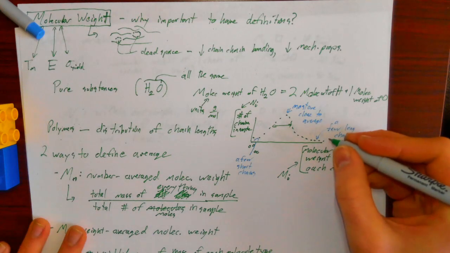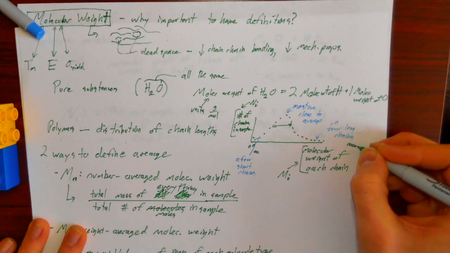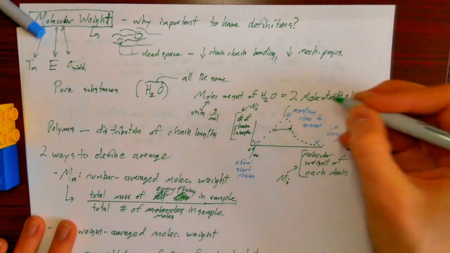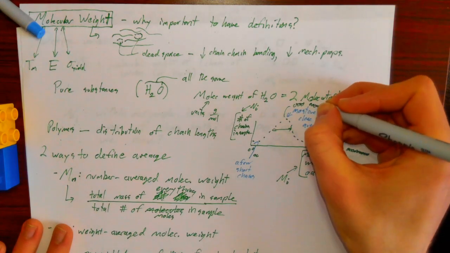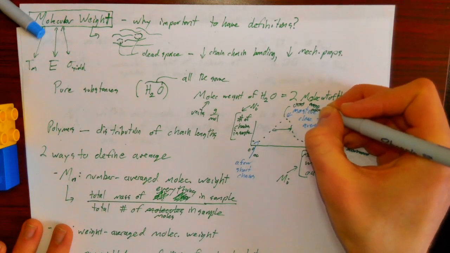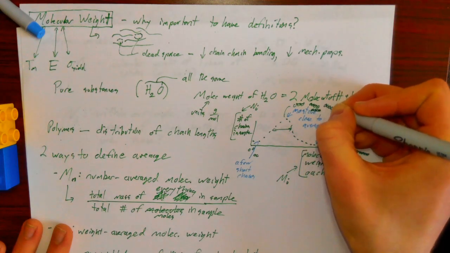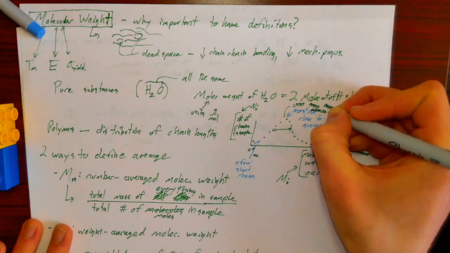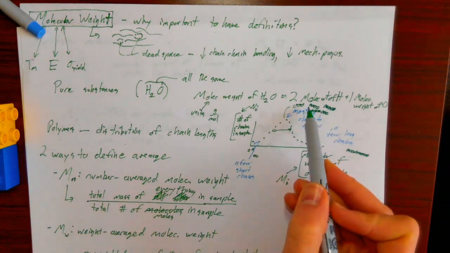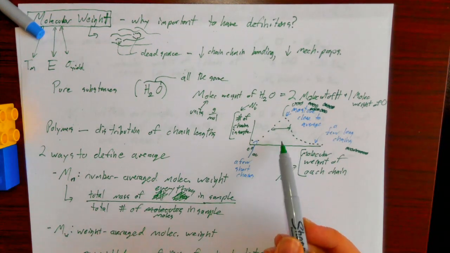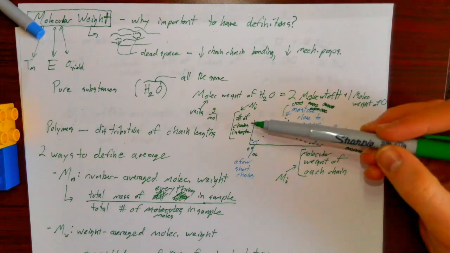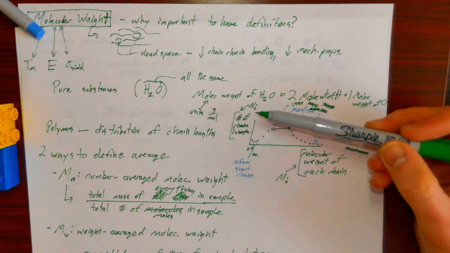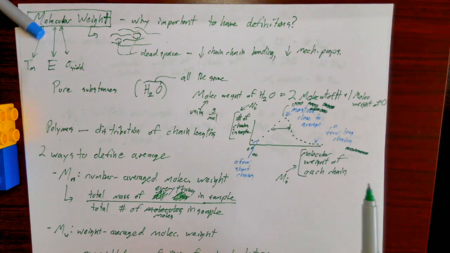There are just a few long chains, and there are lots of medium length chains. Medium length means an M sub I somewhere in the middle. This is low M sub I, this is high M sub I, and N sub I is how abundant. So this is abundance, this is chain size.